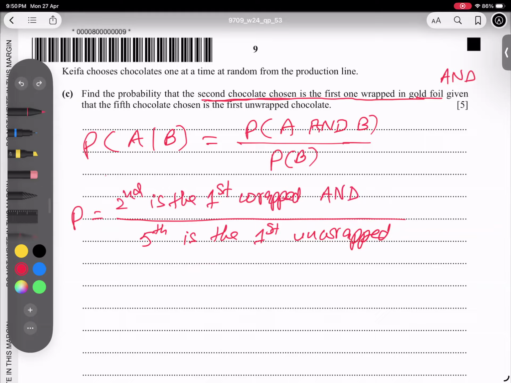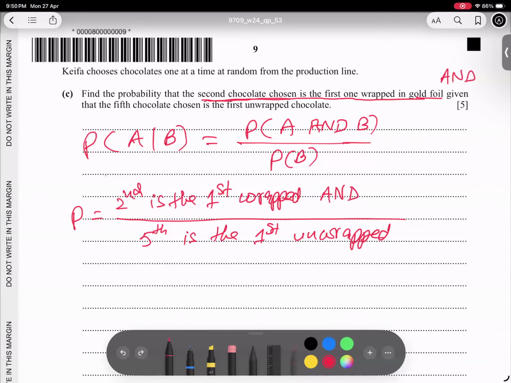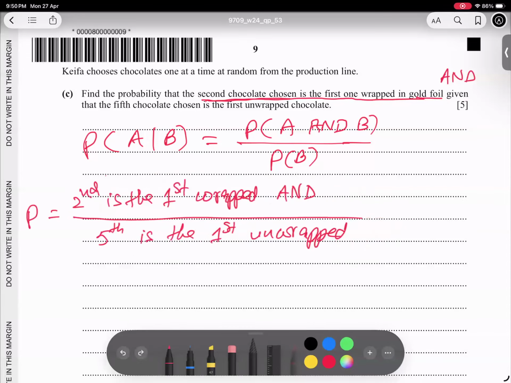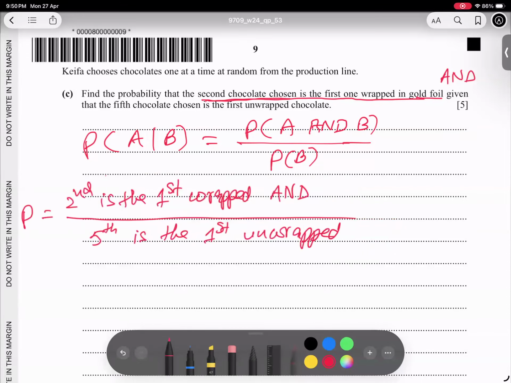I think I have to write a little bigger, so it's a space problem. This is before and this is after, and the fifth one is the first unwrapped. So a lot of things are there, students. So let's focus now on how we can achieve the target.